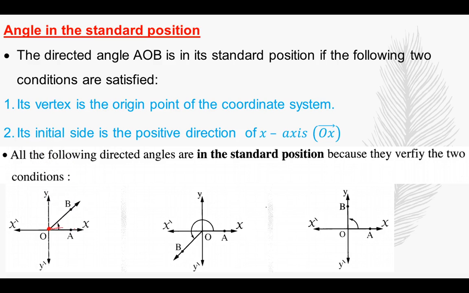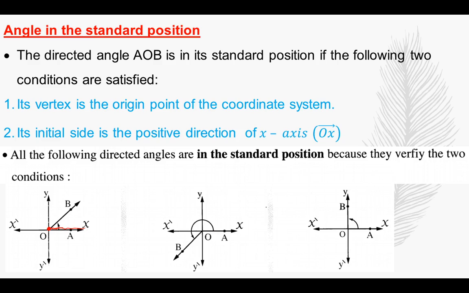So the two conditions are satisfied. The vertex is the origin point, and OX is the initial side. So this angle AOB is an angle in the standard position.